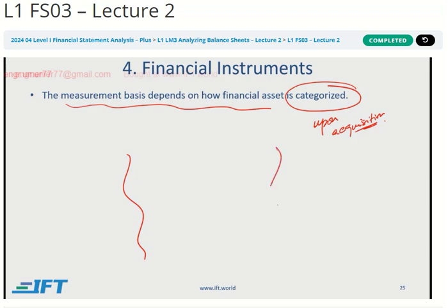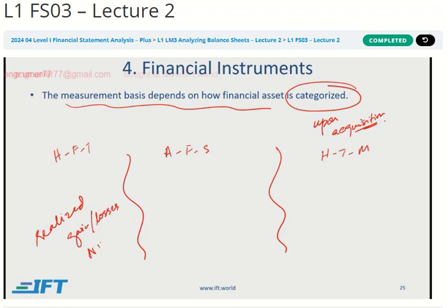This was for the unrealized gains and losses. As far as held for trading, available for sale, and held till maturity is concerned, the realized gains and losses are going to go through the income statement, and ditto.